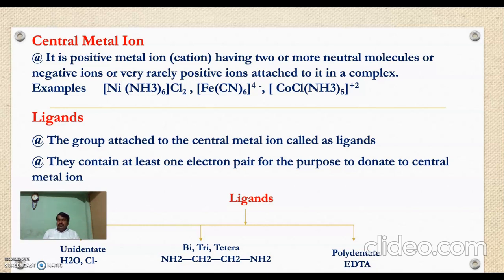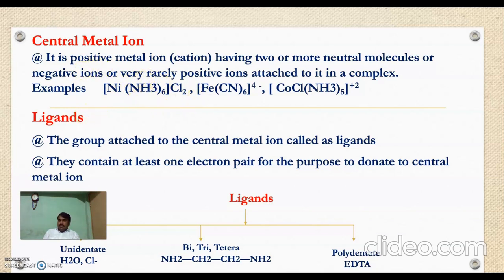So this is the definition of central metal ion. For example, here in this complex, Ni is a metal that carries positive charge, that is cation, and hence it is the central metal ion, and these ammonia are the ligands.